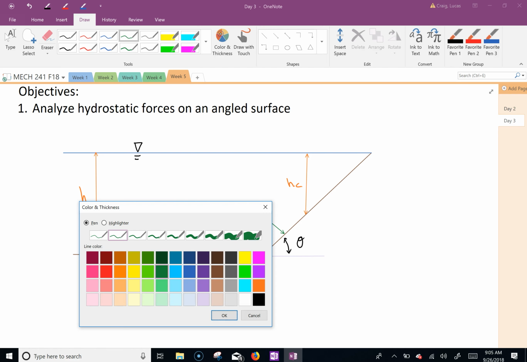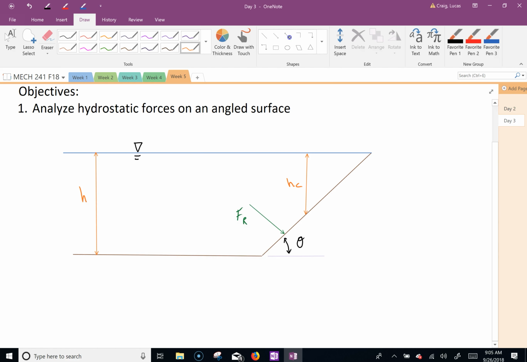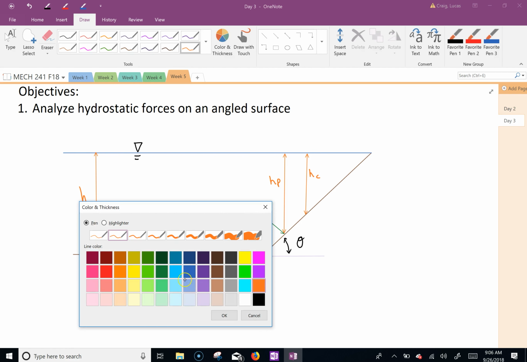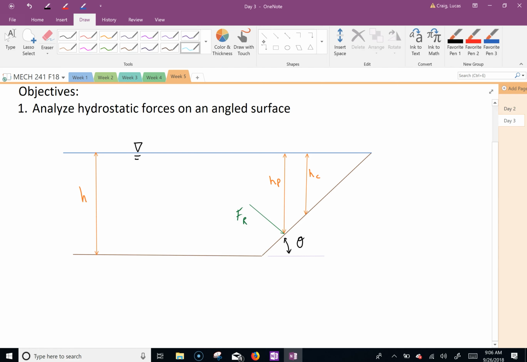Therefore, if we draw this now up, and I'm just going to move this here. This is HP. What we need to do now is develop a new coordinate system. Okay. And is that color okay?